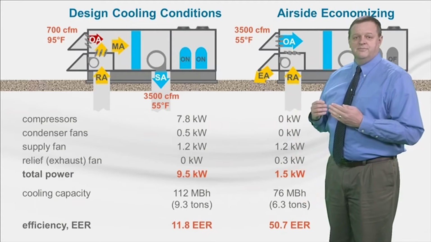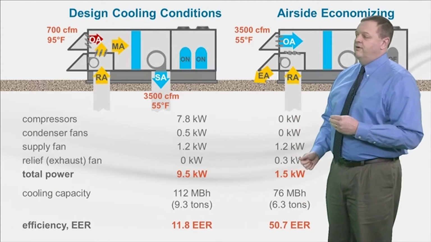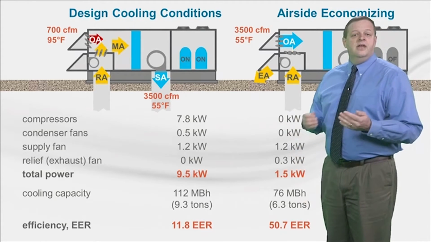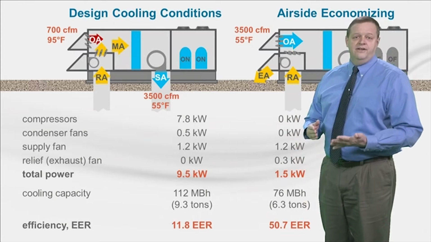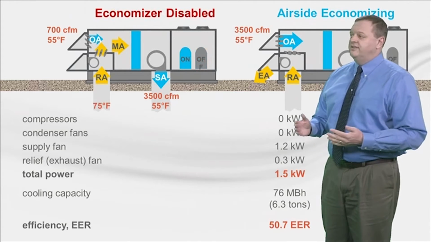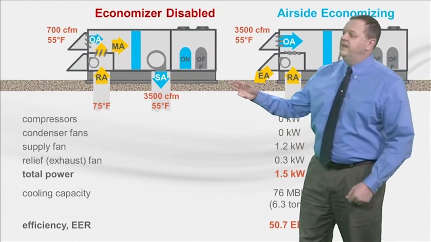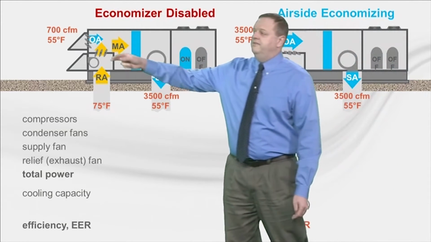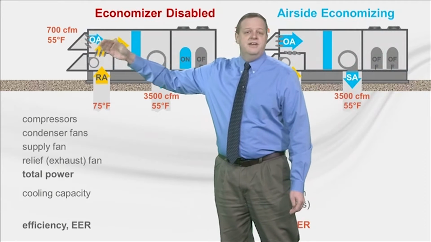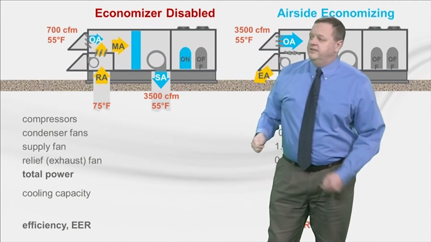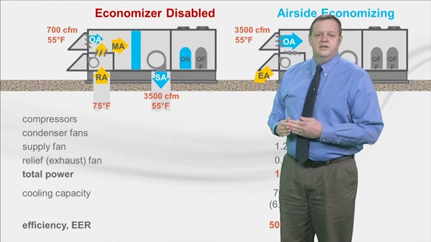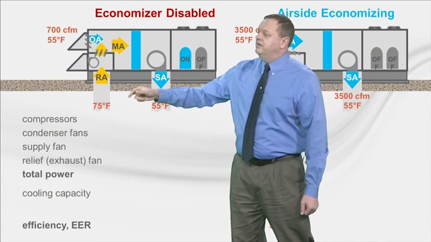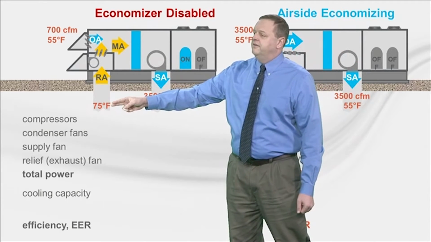However, if this was a variable speed fan, this fan power would also go down, which would cause the EER to be higher again. Now as another point of comparison, I changed the left-hand column to show the unit operating at the same outdoor condition of 55 degrees, but with the economizer disabled. So the outdoor damper is at minimum position, and this 55 degree outdoor air mixes with 75 degree return air.